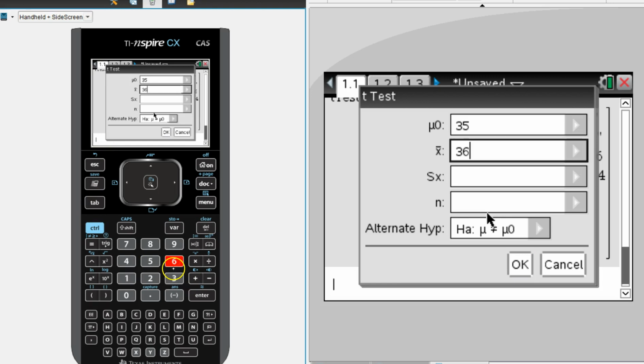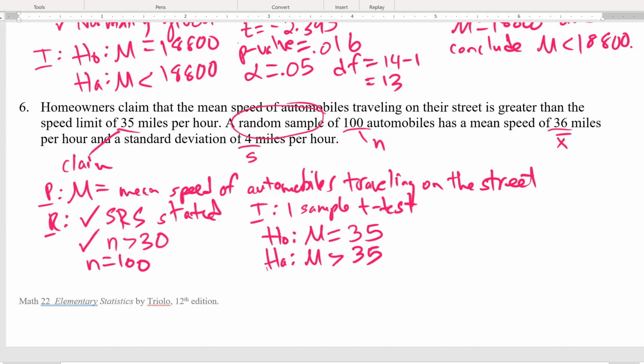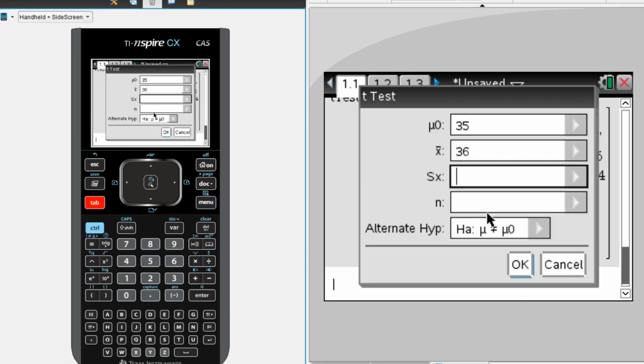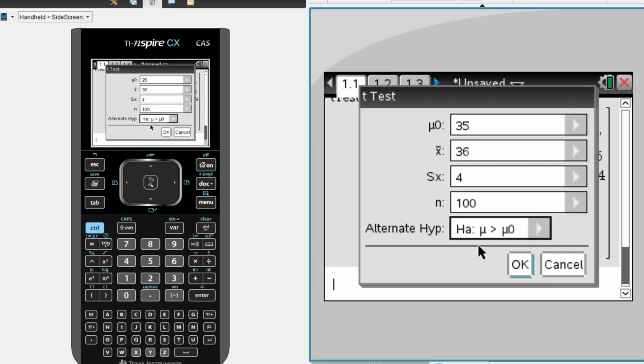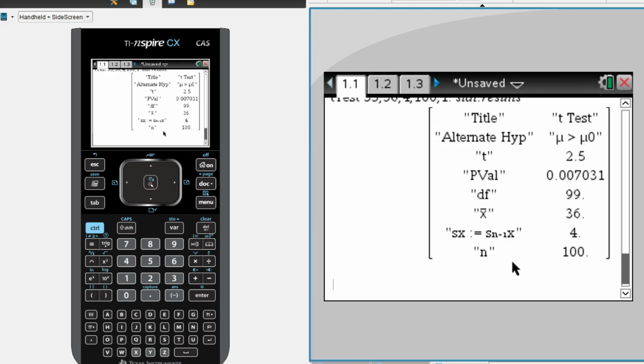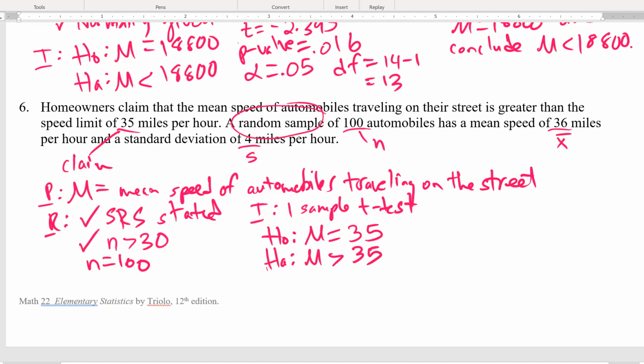We got 36 with a standard deviation of 4, and a sample of 100 cars. And alternatively, we want to prove that people are speeding.